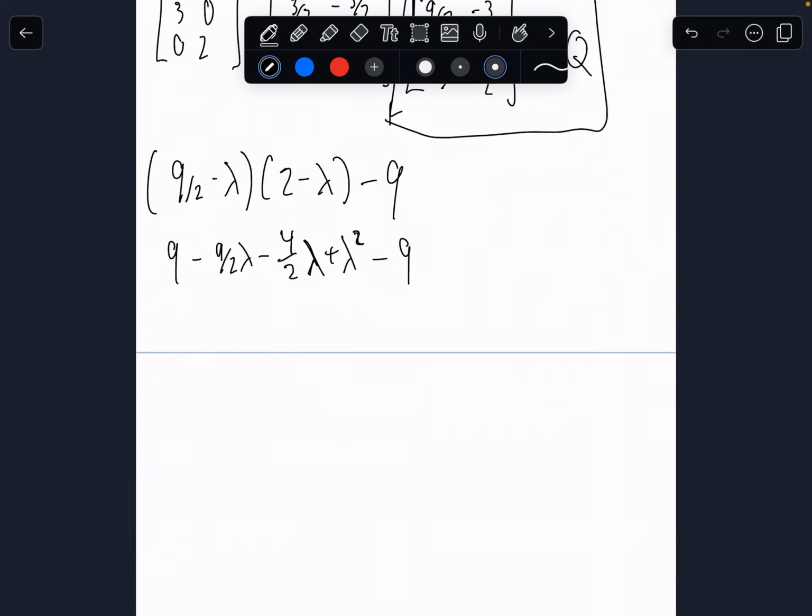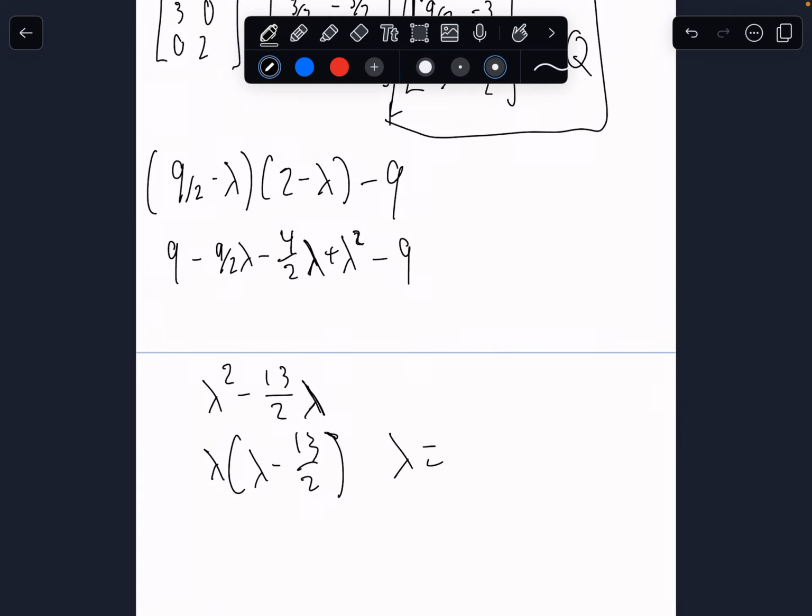So then we get lambda squared minus 13/2 lambda. So we have lambda times lambda minus 13/2.